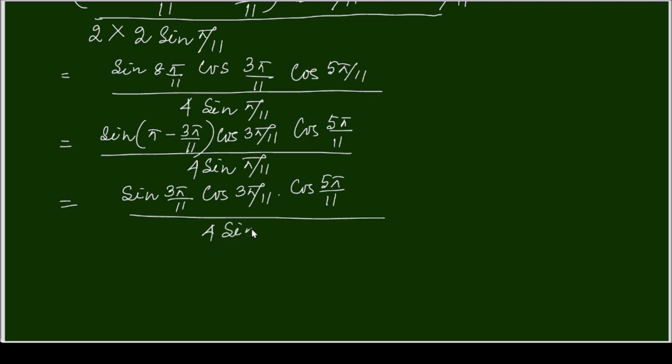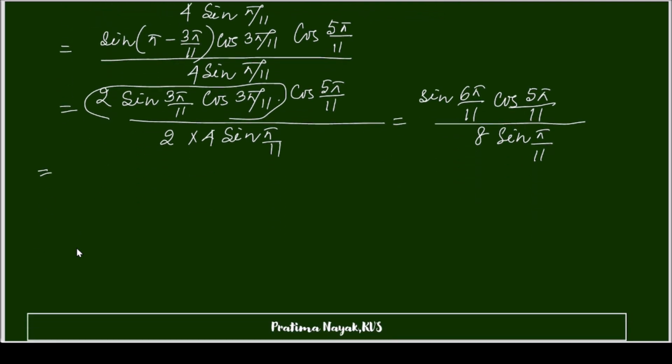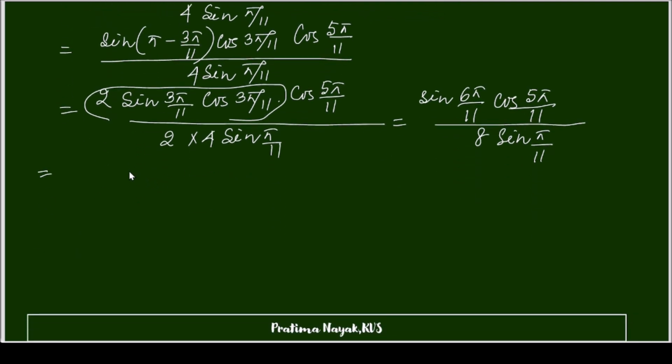Over sin π by 11. Now again I'll multiply 2 in the numerator and denominator, so that this becomes sin 6π by 11 over 8 sin π by 11. So next we will multiply again 2 both in the numerator and denominator.